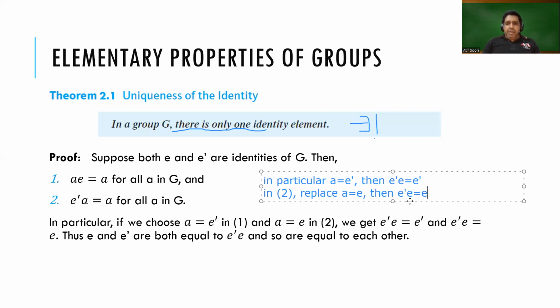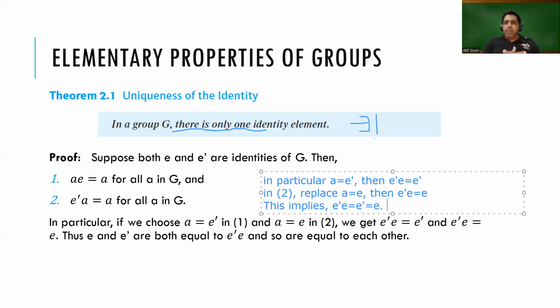If I compare these two equations, the left hand sides are both equal. From the first equation, I get E prime E is equal to E prime, and from the second equation, I get E prime E is equal to E. So from both of these equations, E prime E is equal to E prime, which is equal to E. This contradicts our assumption.